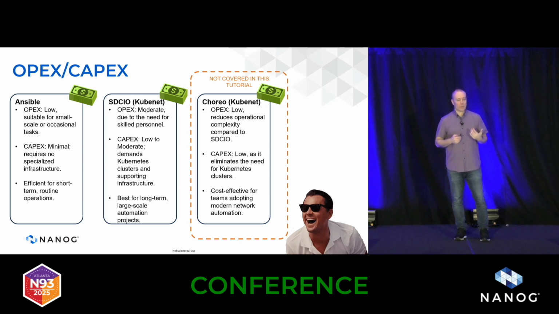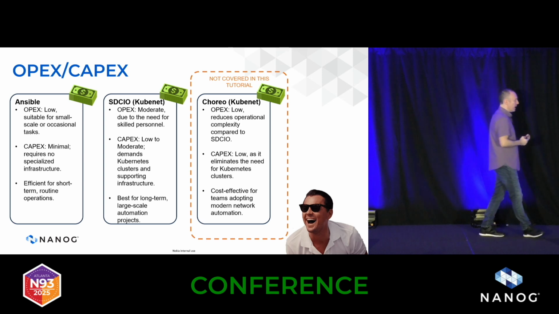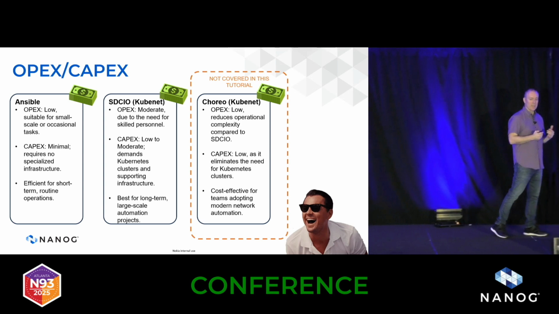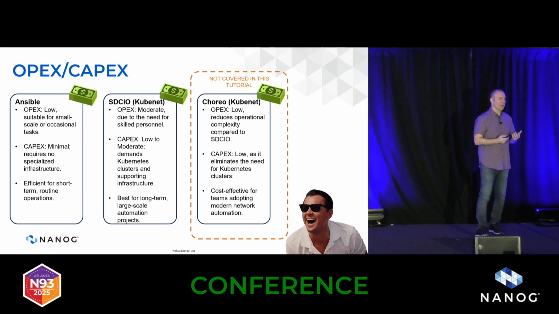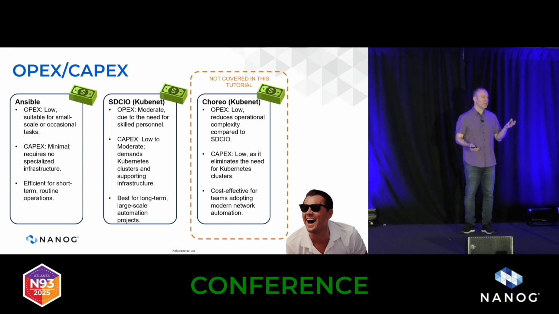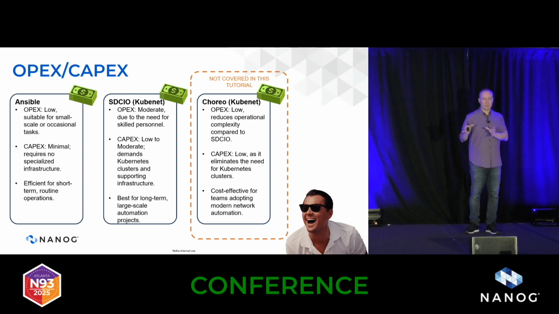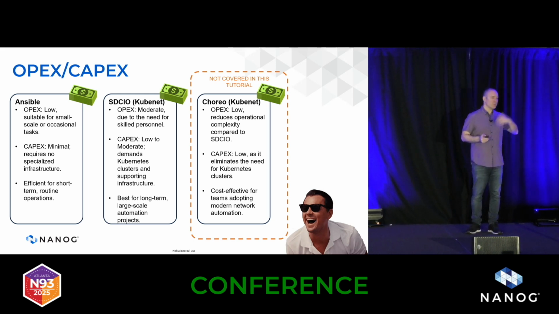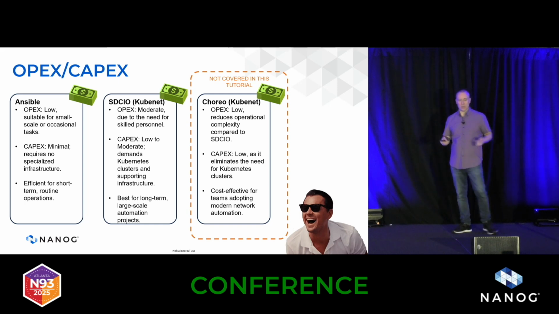And from my point of view, it's also very cost effective if you want to adopt a modern network automation tool with the same experience that you can have with Kubernetes today, and also with Terraform. It's also very dedicated to network automation versus other tools that are more wide in purpose, like Ansible.